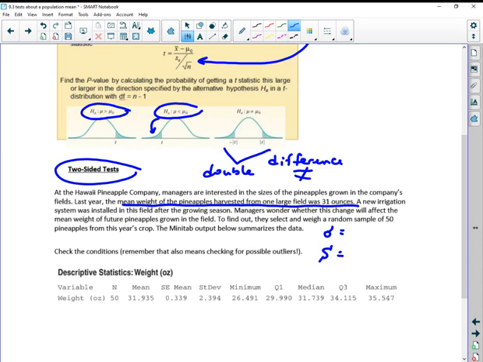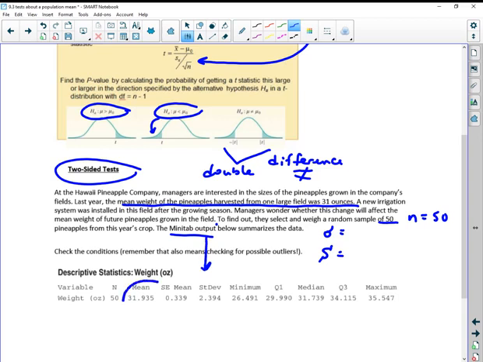Is that going to be my mu, or is that going to be my x bar? Well, let's read some more. We have a new irrigation system in this field. Managers wonder if this change will affect the mean weight of future pineapples grown. To find out, they select and weigh a random sample of 50 pineapples from the crop.